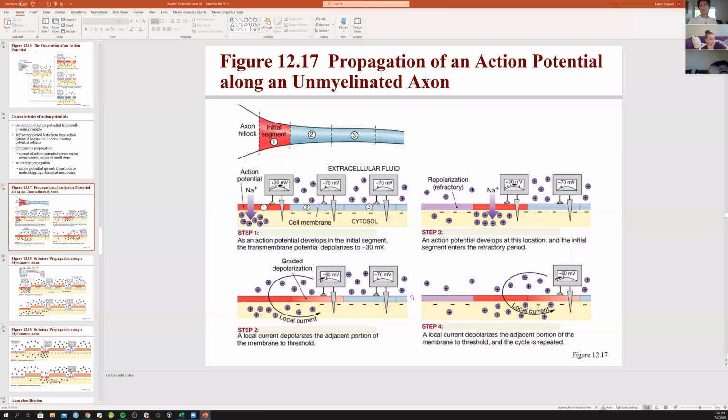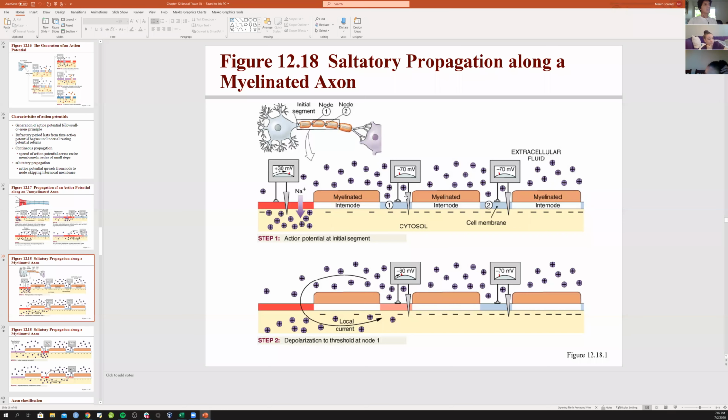And this is a view of them. Their signal, a local current, propagating and going down the axon. In myelinated axons, once again, the change only happens at the nodes. But basically, you can think of an action potential happening at every single node.